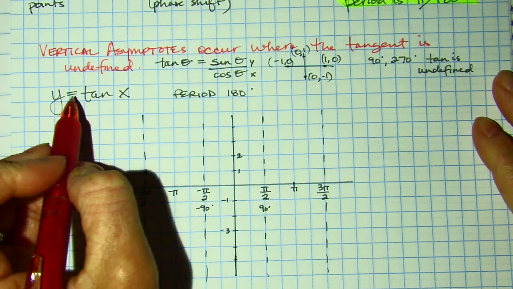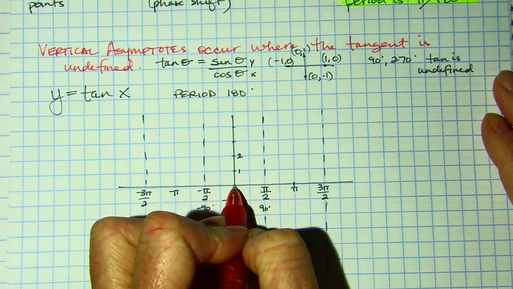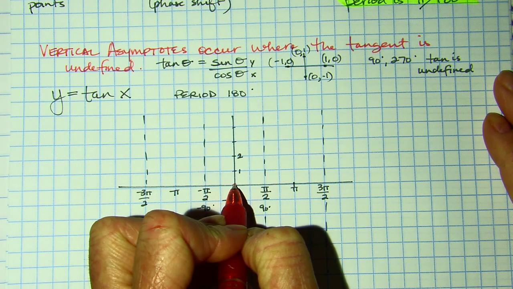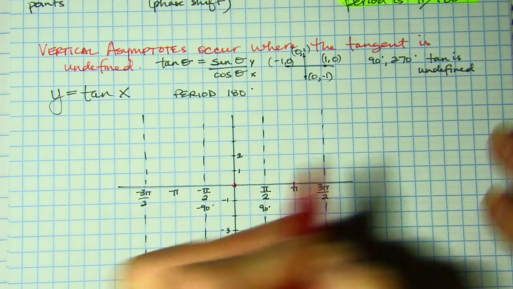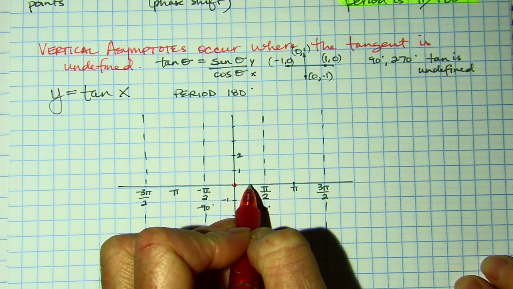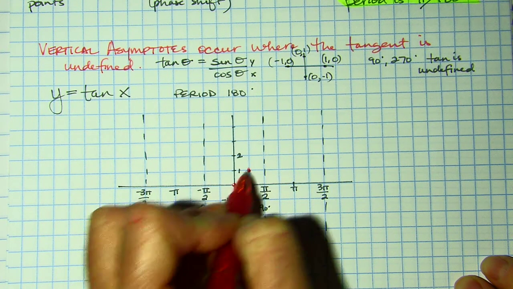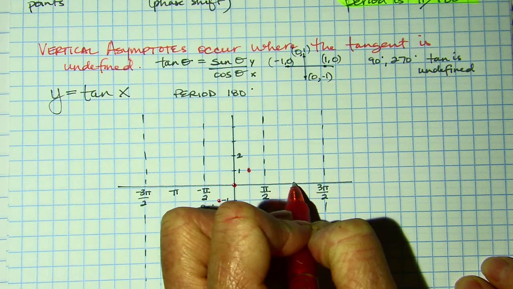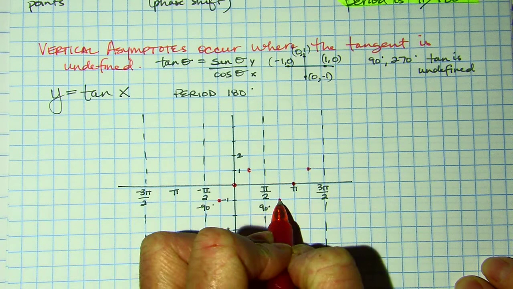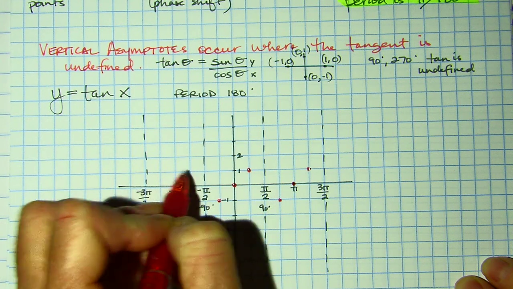Because this is an invisible one, I'm going to start at 0, 0, right at the center, and then to the right is 45 degrees, and the tangent of 45 degrees is 1. So from here, down and over 1, I'm going to set those 3 major points up in each section.